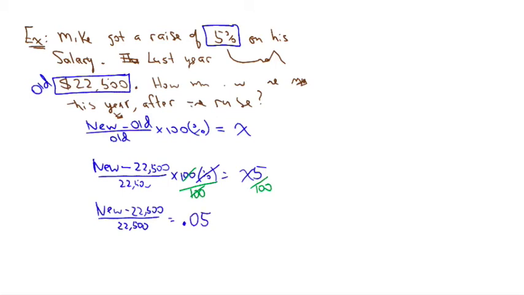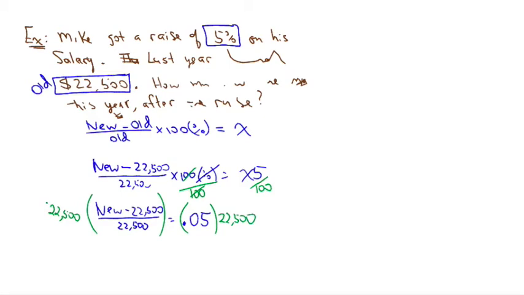Okay, that gets rid of the 100. Out of all the pieces left on the left, which one can you move first? The bottom. How do I get rid of 22,500 in the bottom? Multiply. So I'm going to multiply both sides by 22,500, the entire side, and multiply this side by also 22,500.